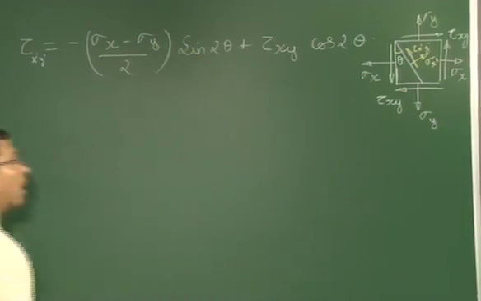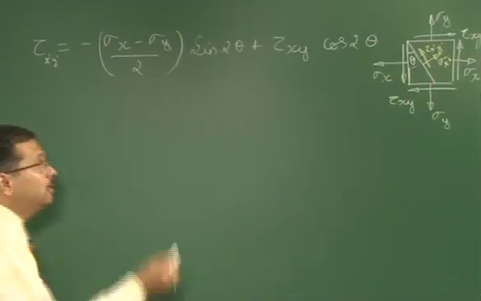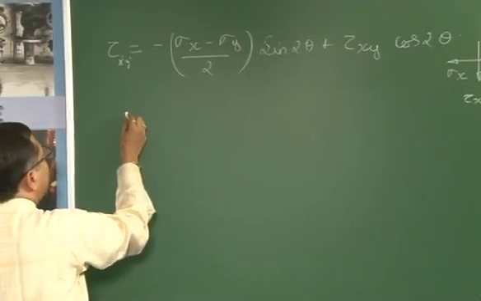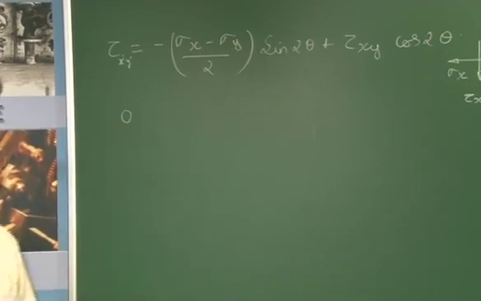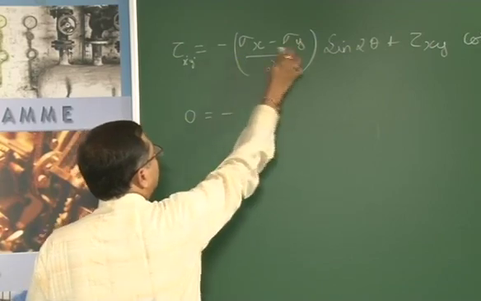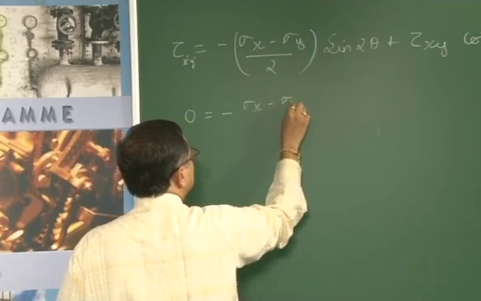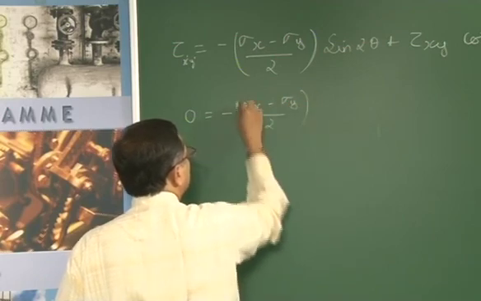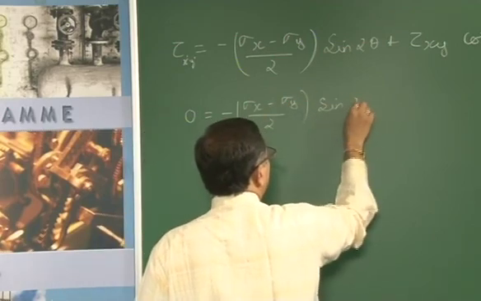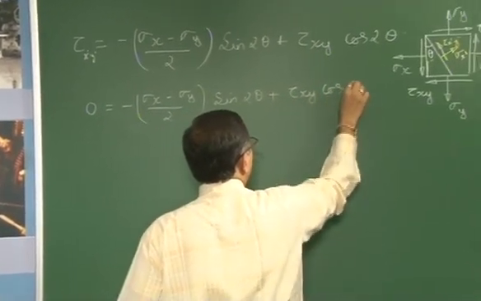So if I want to get the principal plane, then the shearing stress has to be equal to 0. So we will equate this shearing stress to 0. So 0 is equal to minus (sigma x minus sigma y) by 2 into sine 2 theta plus tau xy cos 2 theta.